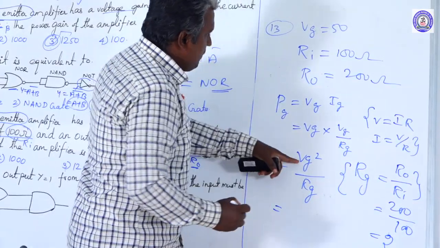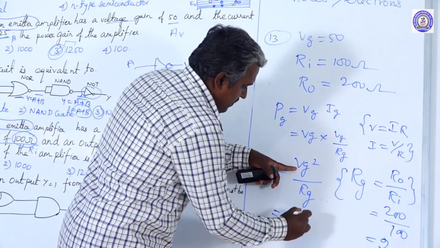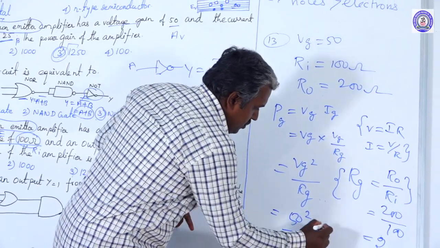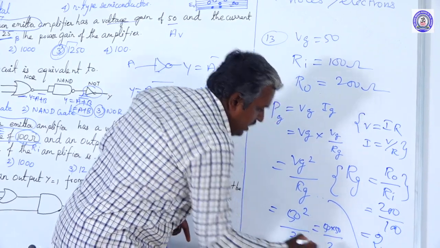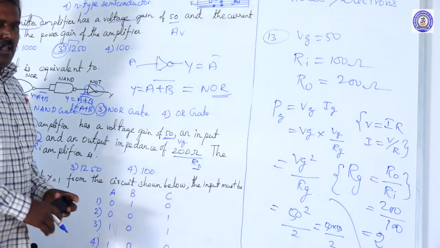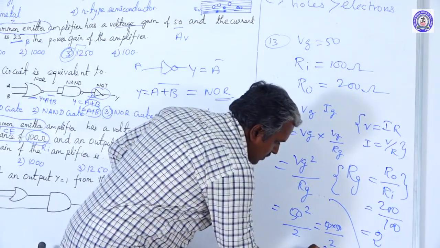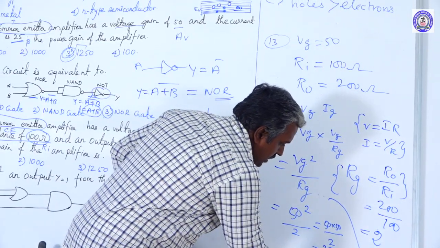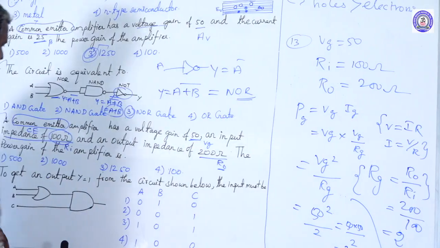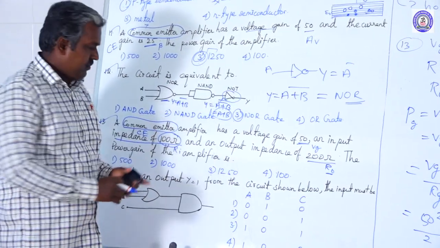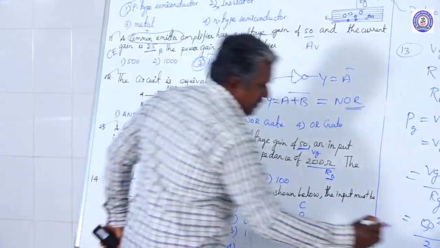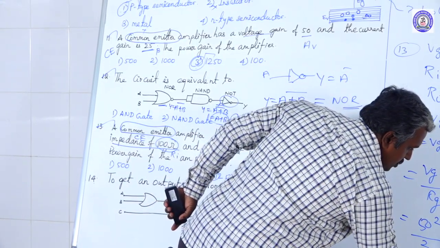So 50 square by 2, that is 50 into 50 by 2, which is 1250. The third option.